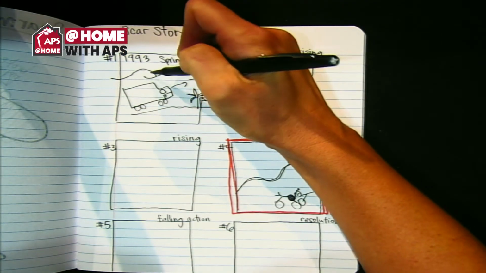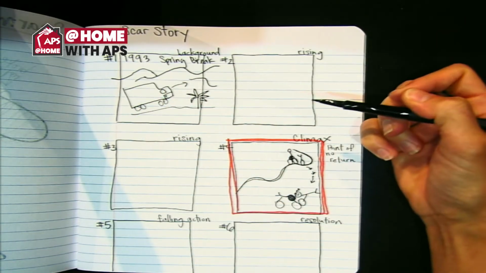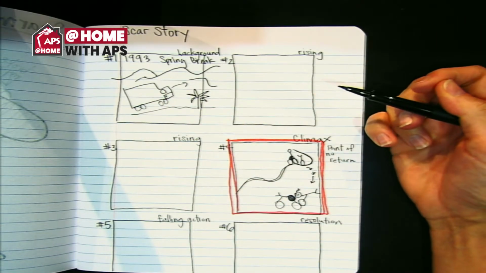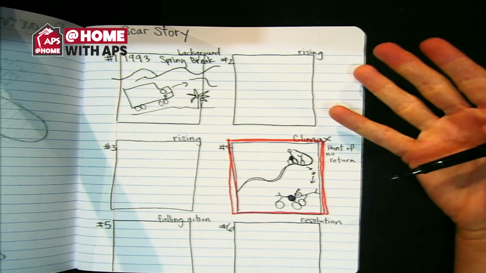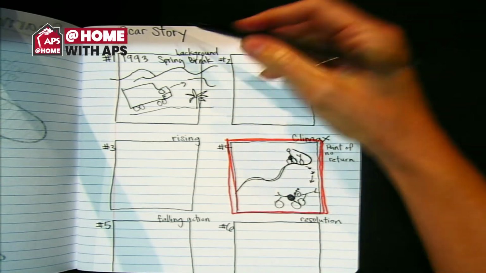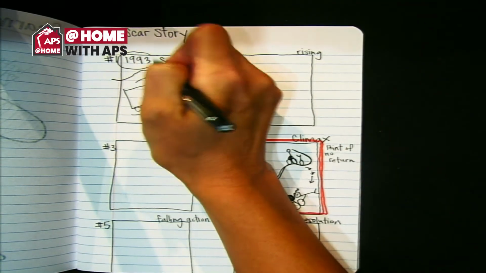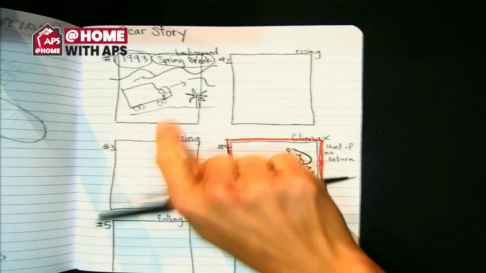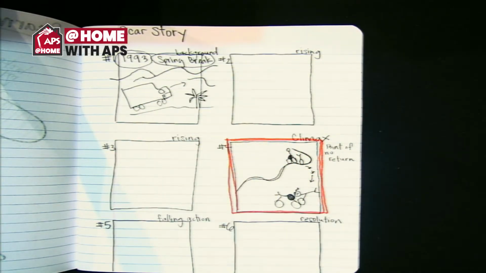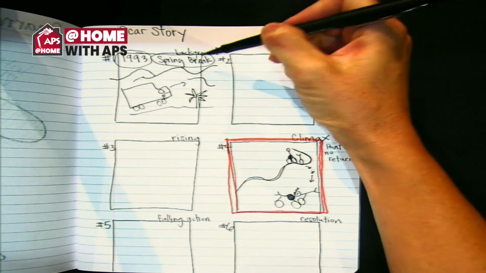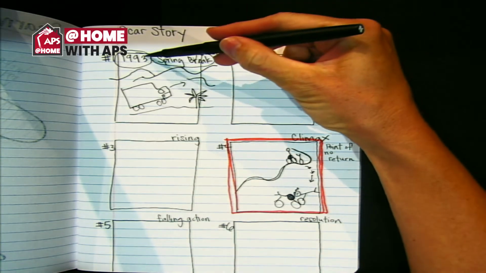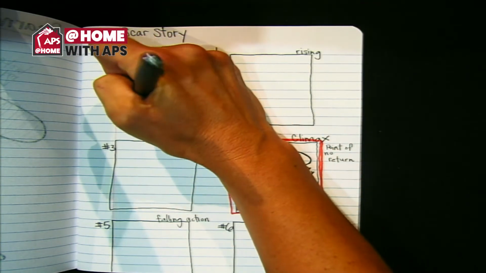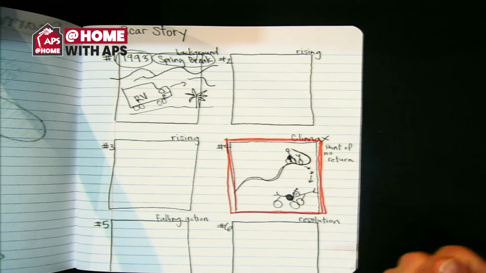What happens when you draw is your memory starts remembering other details, other story elements that are important. So everything was good. There is no accident here. This is just a trip that my family's taking. Spring break, 1993. We have our RV, and then if you can think of who are the characters involved.